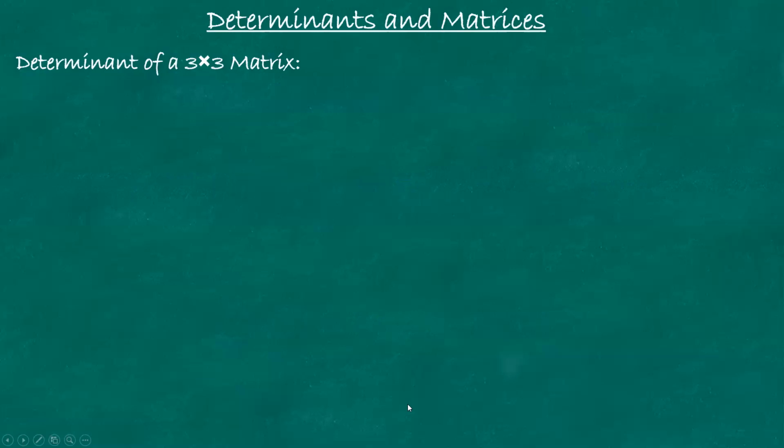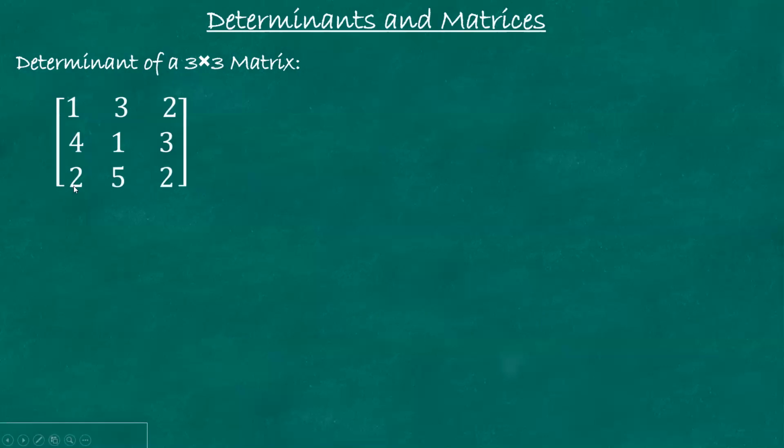Now, for a 3 by 3 matrix, there are many ways to solve it. One of the ways on how to get the determinant of a 3 by 3 matrix is this. Method 1: what you do is copy the elements of column 1 and column 2 beside the matrix.